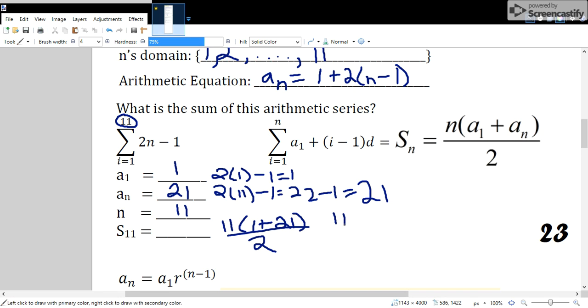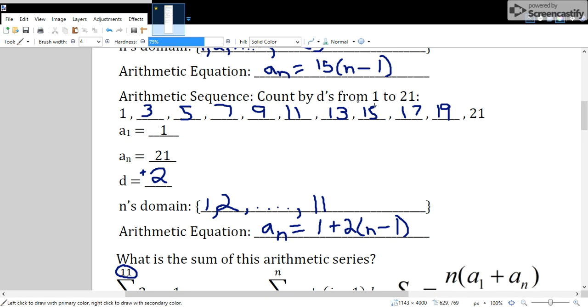So we have 11 times 22 divided by 2. Now 22 divided by 2 is 11. And 11 times 11 is 121. So this should be our sum for all of these numbers added together.